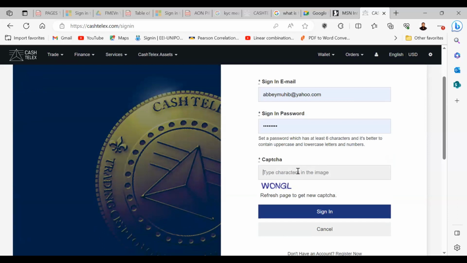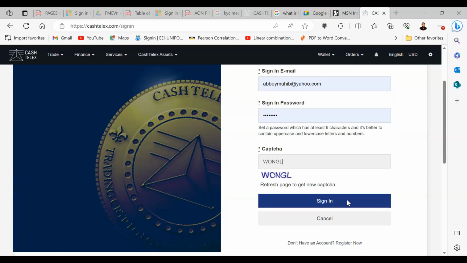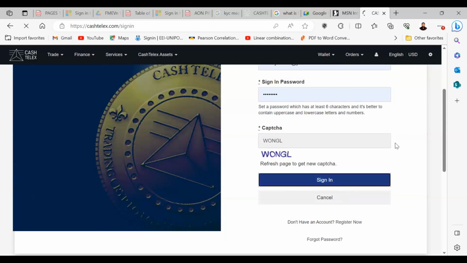You can visibly see that it is case sensitive, so you use uppercase, which we have here. Once you are sure that what you type is correct, you click sign in.